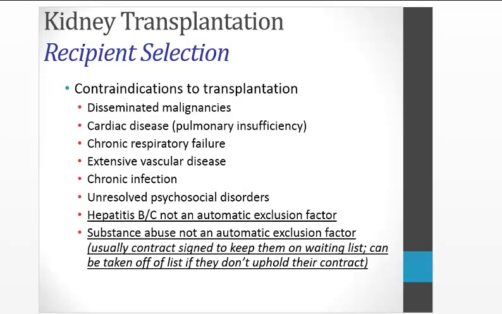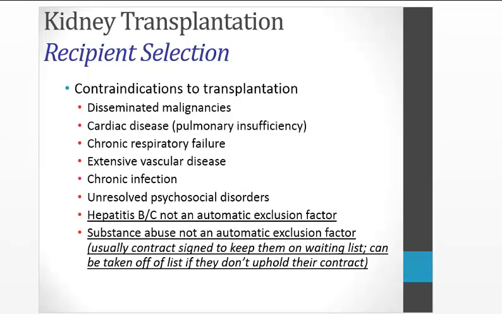Know that hepatitis B and C, if they have that in their history, is not an automatic exclusion factor for them. If they have hepatitis B or C, we do screen for that, but it is not an automatic exclusion factor. Also know that substance abuse is not an automatic exclusion factor.